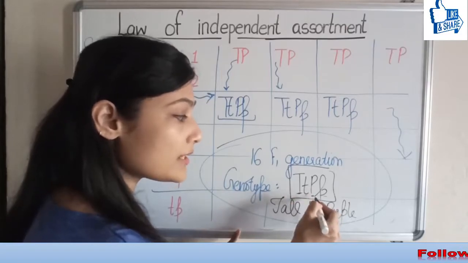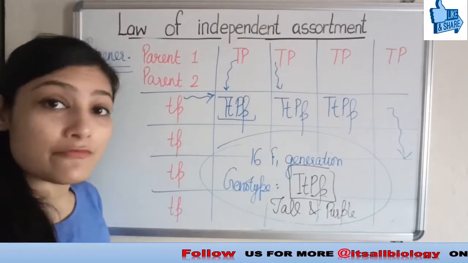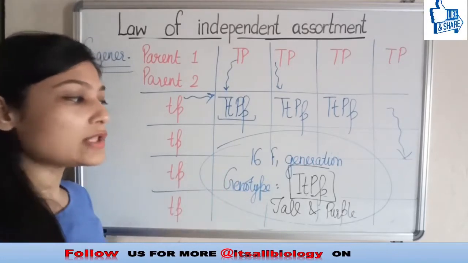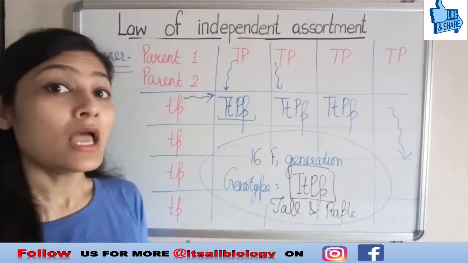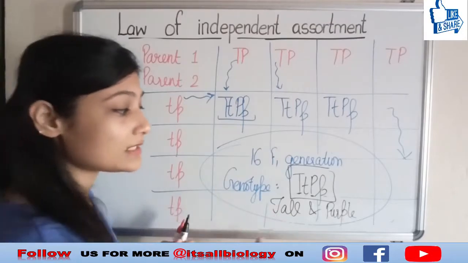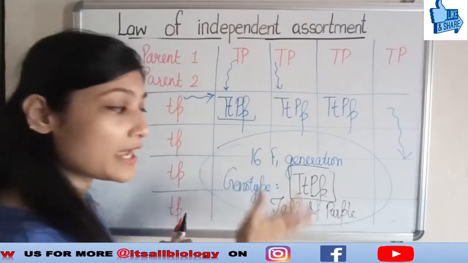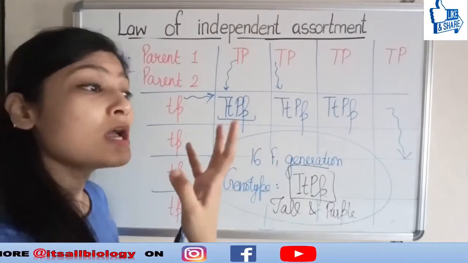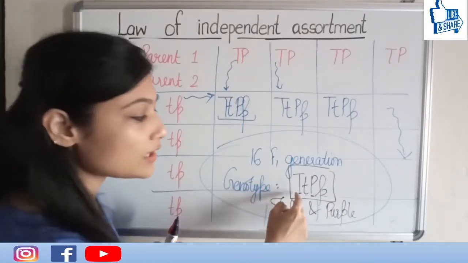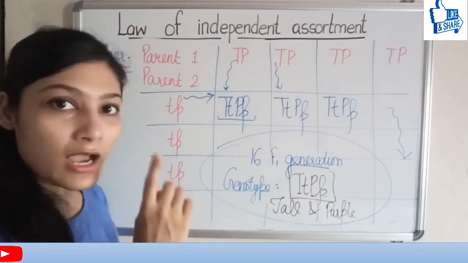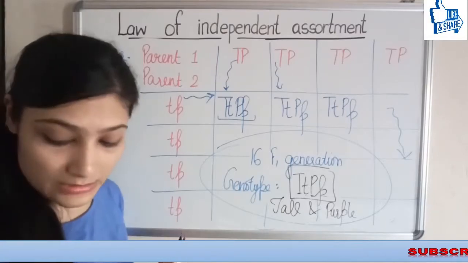So the tall and purple traits are expressed in the F1 generation. This also clears one of the previous rules that we studied, the law of dominance. In the law of dominance, we studied that in the F1 generation, the phenotype is going to be similar to one of the parents. So tallness and the purple flower were present in one of the parents earlier.